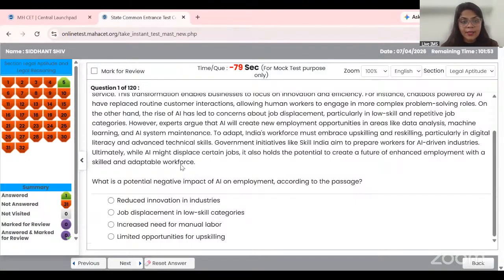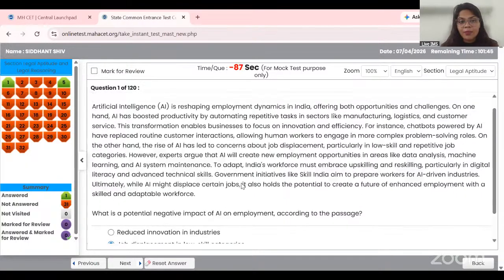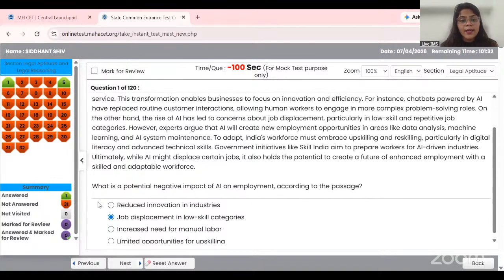So again, I've read that, and yes, I will mark my answer, which is job displacement in low skill categories, that I have derived from the passage. So a negative impact. Can you see the passage started with exploring both opportunities and challenges? One question was on opportunity that we just marked, which was question number 5. I have taken you from the start, which is question number 1, and your answer would be the next part of it, right? Now I click on next.